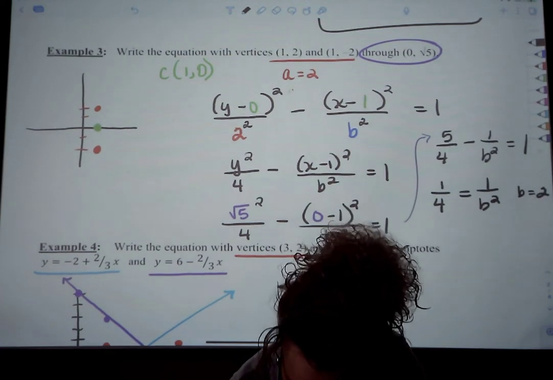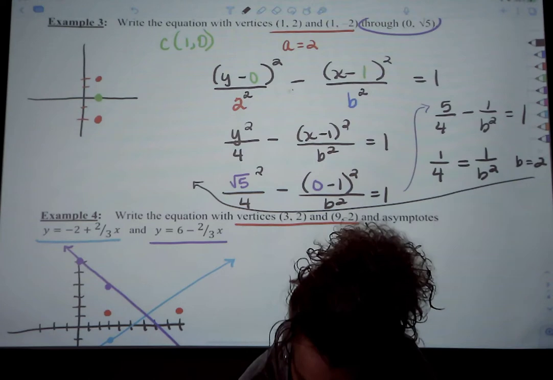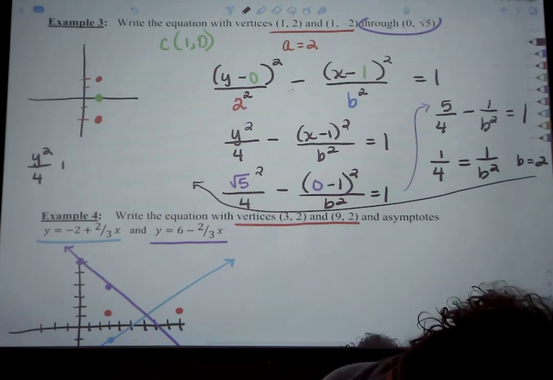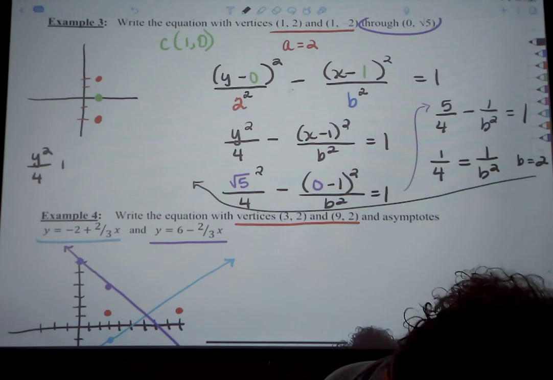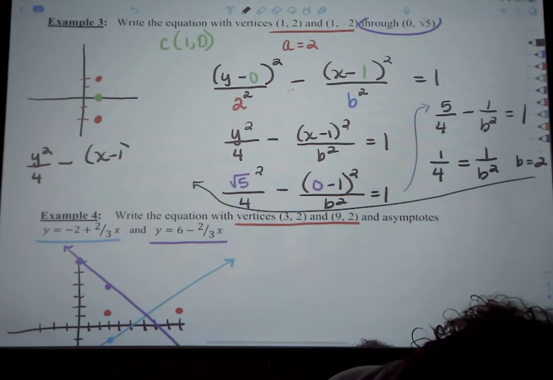Whew, okay, so final answer. I'm going to write it over here. I'm going to write y squared over 4 plus, no, minus. It's minus 1.